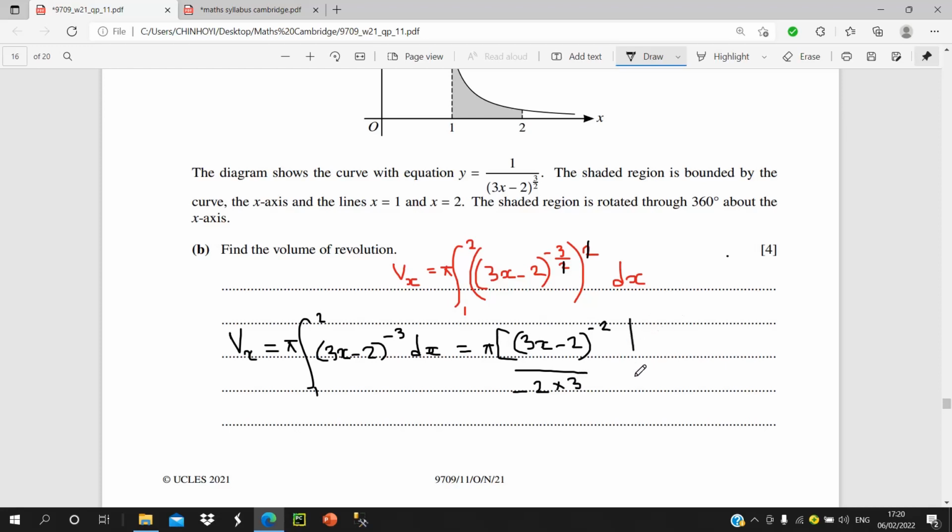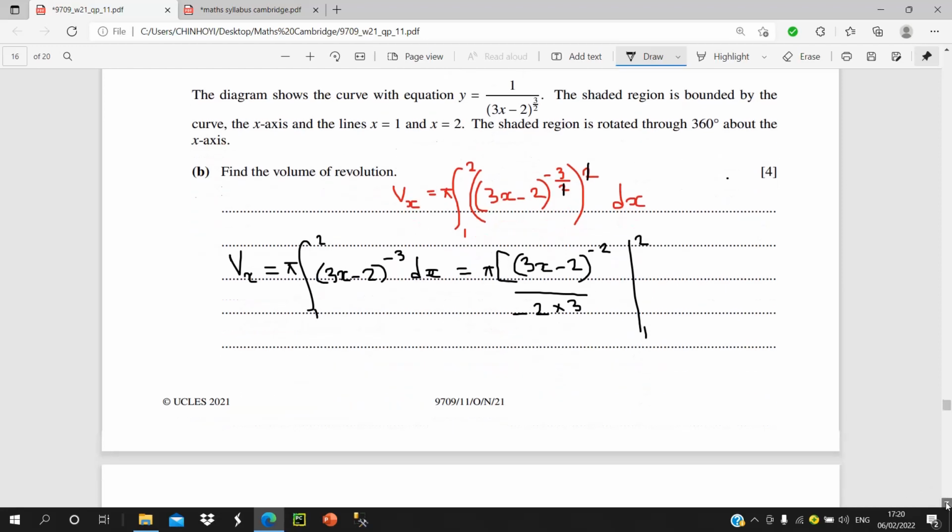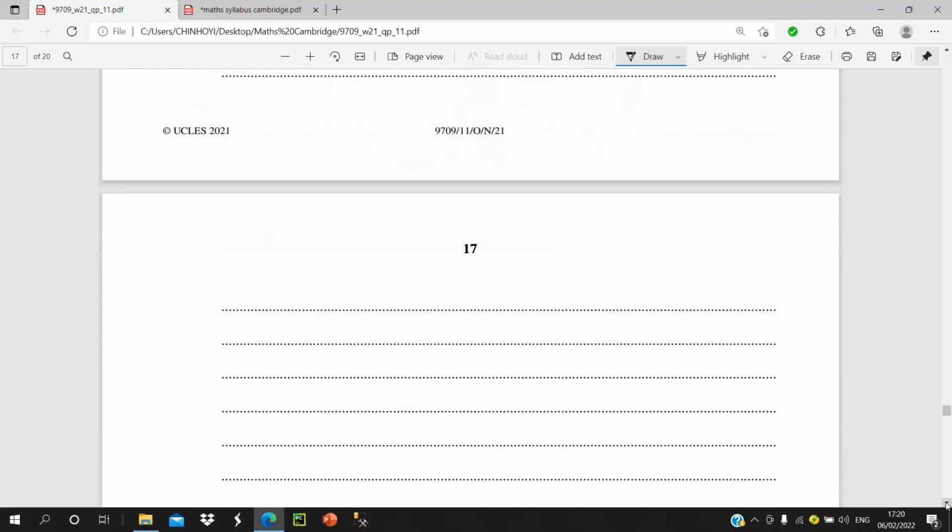Then we substitute the limits from 1 up to 2. By simplifying this, your Vx is going to be negative pi over 6.